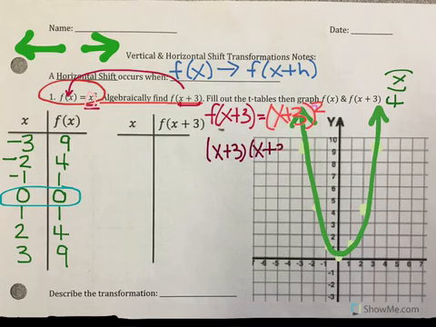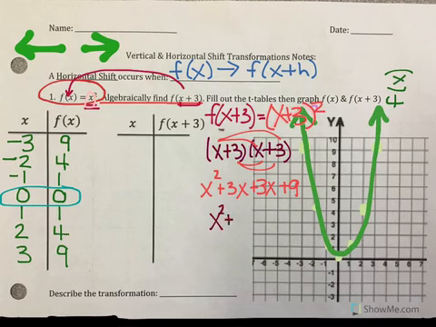You would double distribute. And by doing that, you would end up with x squared plus 3x plus 3x plus 9. And by combining like terms, this would be x squared plus 6x plus 9.